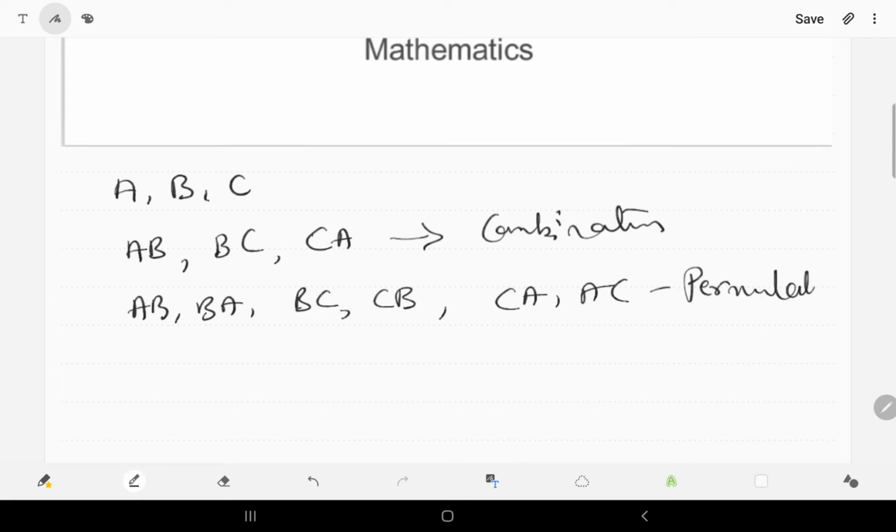You have already studied this in the PU second year. So let us study one by one. First, permutation. What do you mean by permutation?